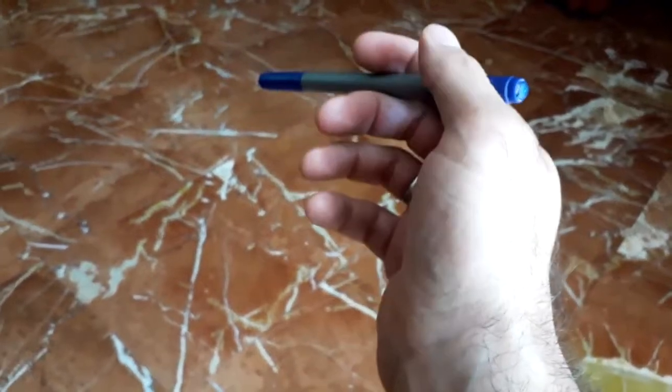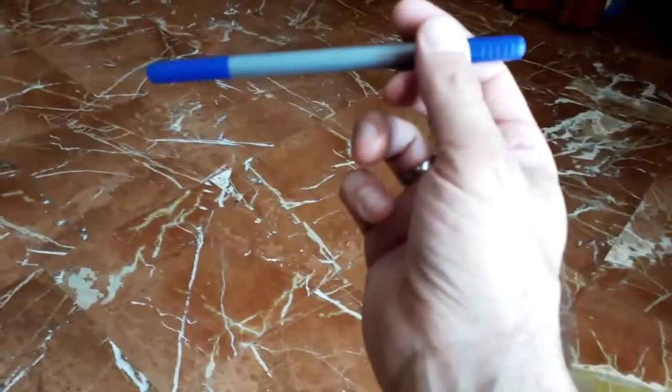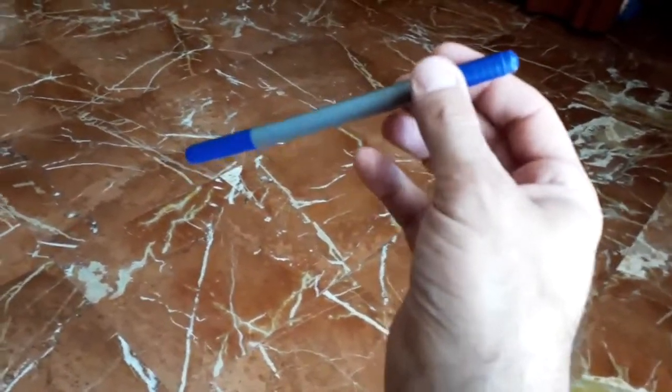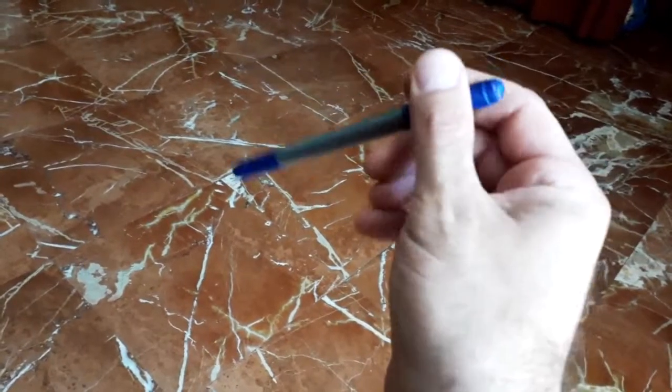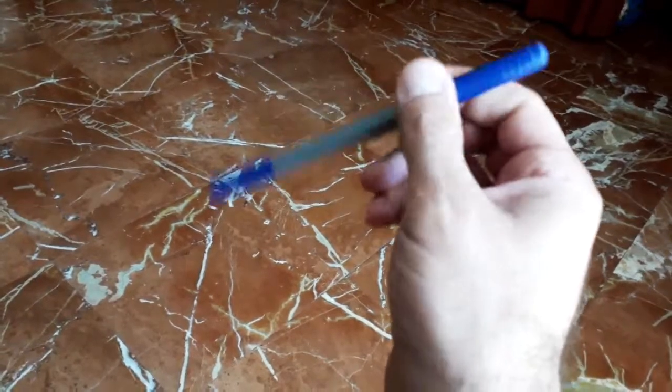Okay, so how do you do it? The first thing you do is hold the pen in your strong hand, or we call it your writing hand. That's generally where it's done, right? You hold the pen in your hand, and a tip, hold it towards the back of the pen, towards the end.